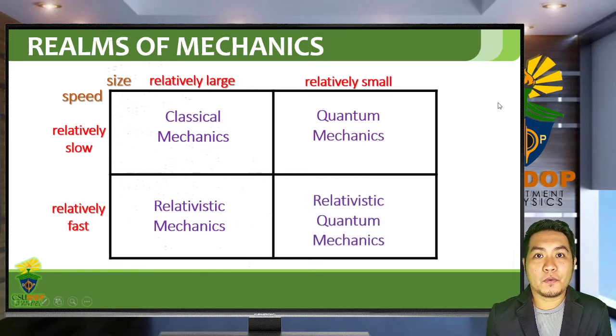And if you are dealing with relatively small objects moving at very fast speeds near the speed of light, that's the realm called relativistic quantum mechanics. When you're dealing with gravitational waves, you are in this realm. But for our course, we'll only focus on the realm of small and slow particles, and that is quantum mechanics.